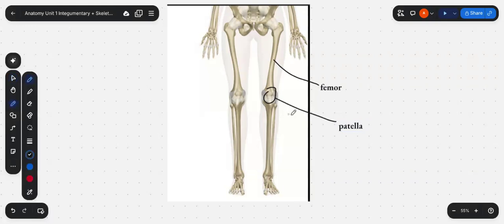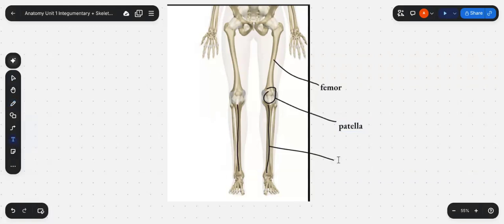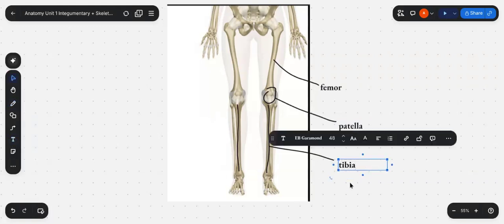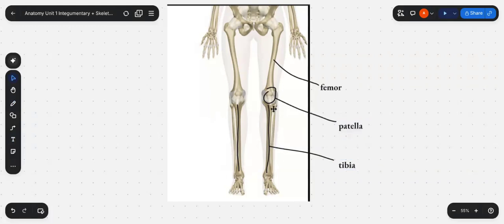So your tibia is going to be the bone that is a little bit more medial and it's thicker. It's this one right over here in the center. This is your tibia. And then lying to the side of it is going to be your fibula.